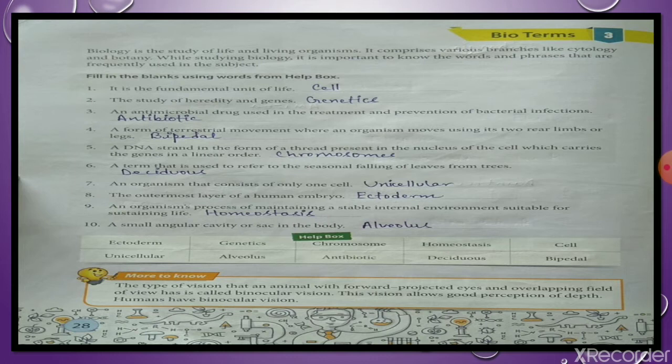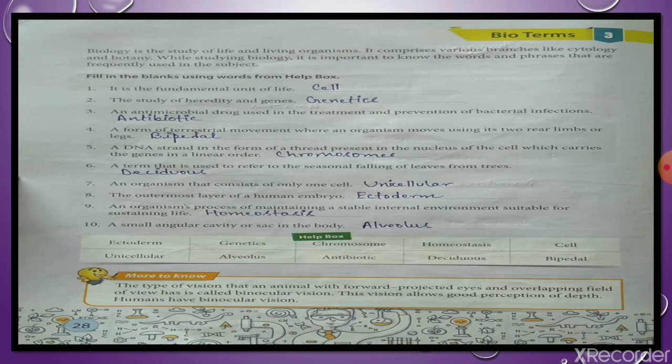Then a form of terrestrial movement where an organism moves using its two rear limbs or legs. This form of terrestrial movement is called bipedal movement. Human beings also have bipedal movement.